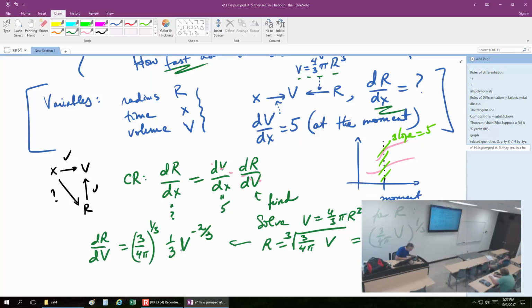Yeah, I think I have a missing part here, but it will come up now. Okay, so this expression then is to be substituted in here into our chain rule formula.